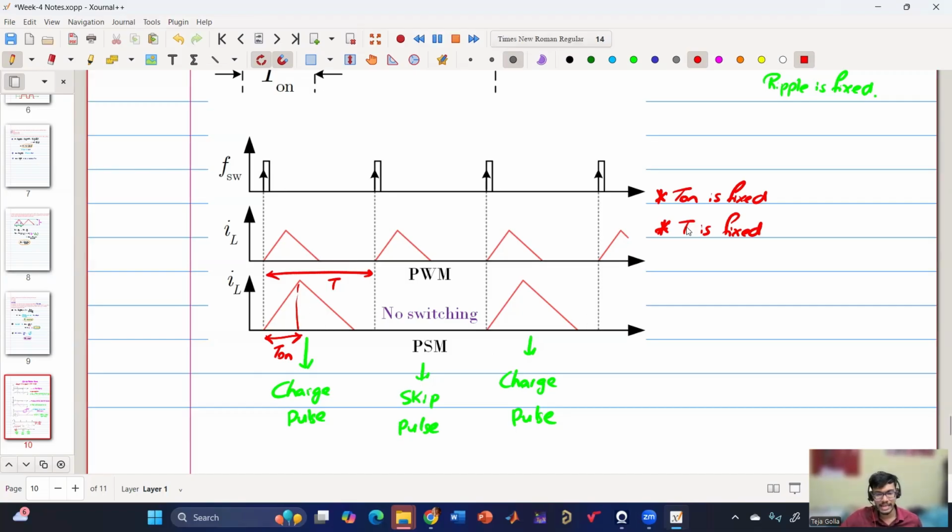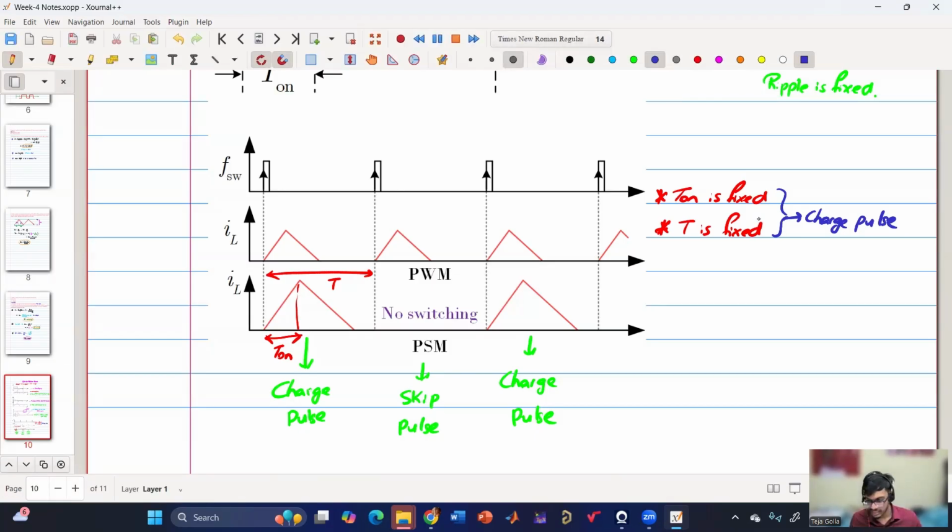So this T and this T on are both for the charge pulse. The charge pulse on time as well as the switching time period are fixed. Depending upon my output voltage, I will either charge the output or not charge it, and in that time the output is getting discharged.